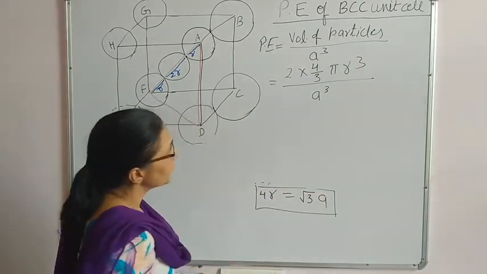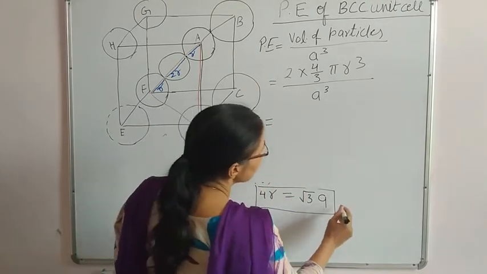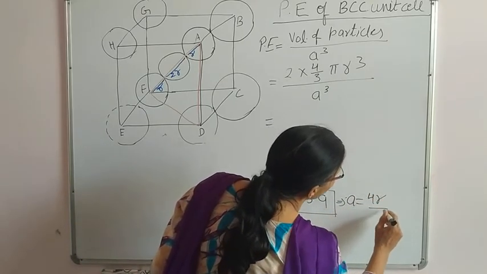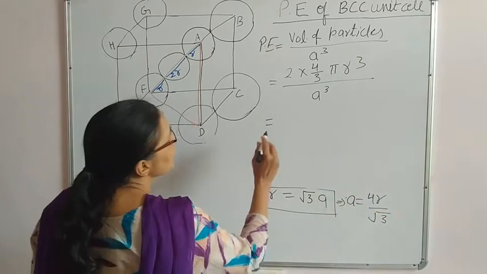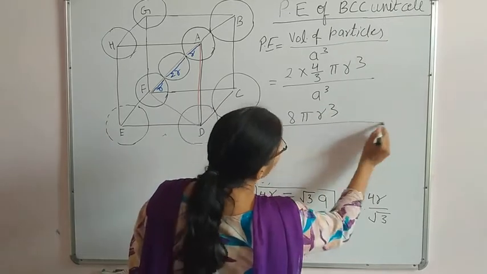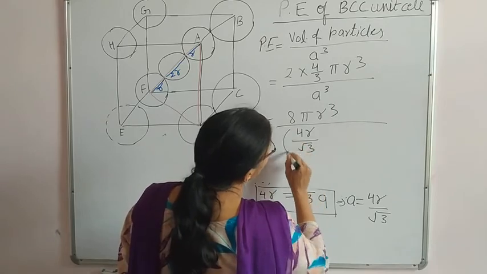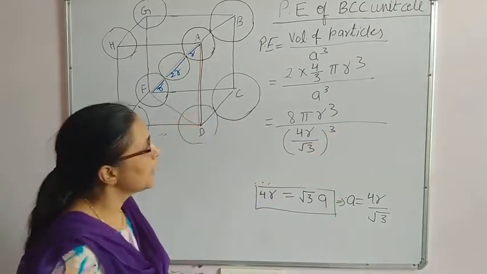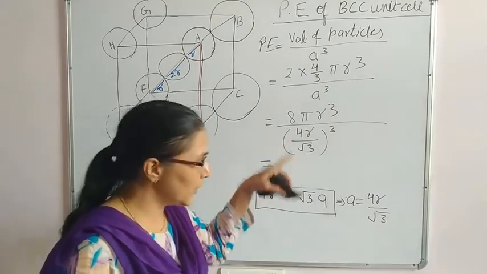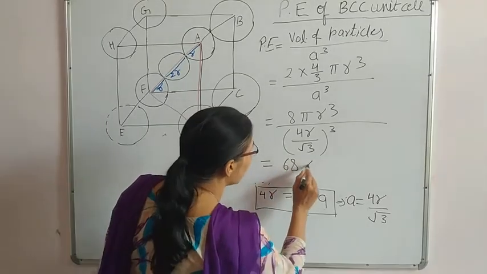What is A here? A is equal to 4r upon root 3. So here it is 8 pi r cube upon 4r upon root 3 whole cube. R cube and r cube will cancel out, and the rest of the calculation, if done, will come to 68%.